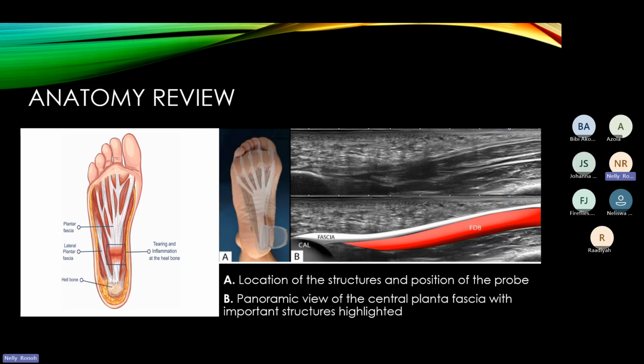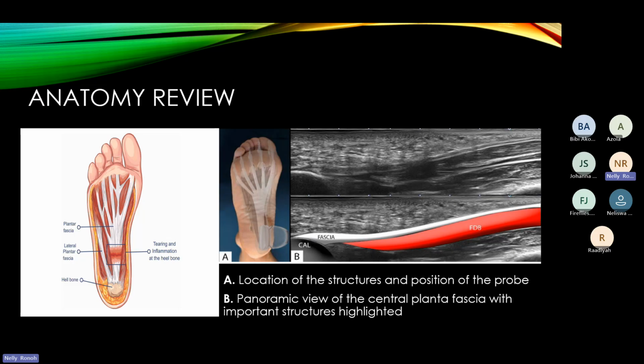And of course, we've said we scan everything in ultrasound on 2 planes, but of course you'll have to start with the longitudinal plane for you to be able to identify the appearance, because the plantar fascia also almost looks like the tendon. It will have that fibrillar pattern, and it will also create anisotropy, just like the tendon itself, because it's a structure that has that fibrillar pattern, and that's why it will create anisotropy.